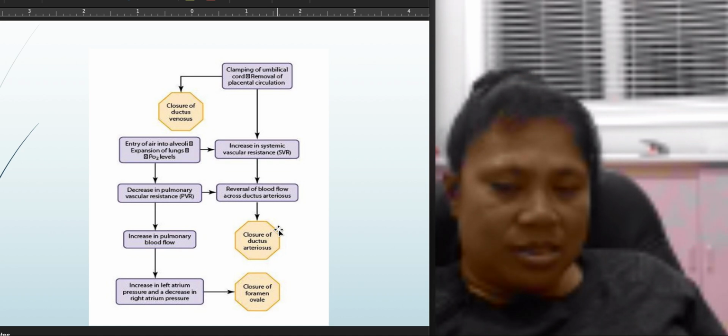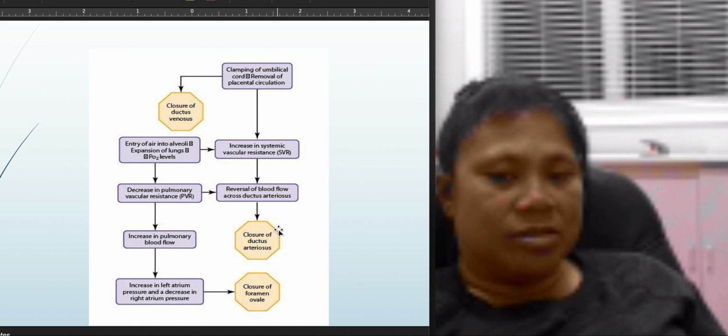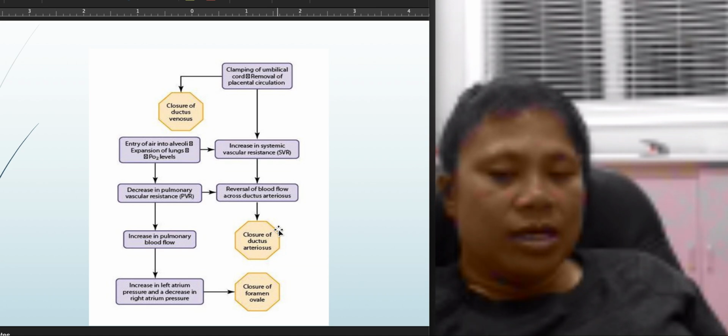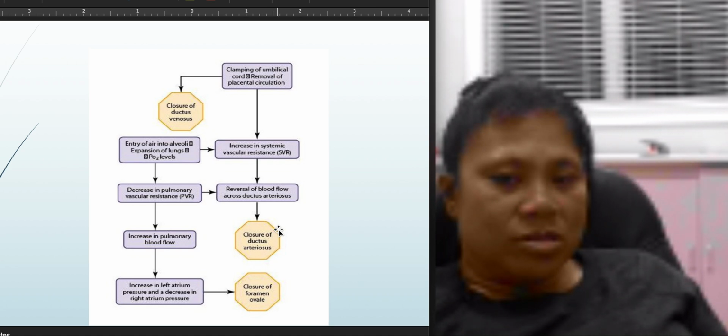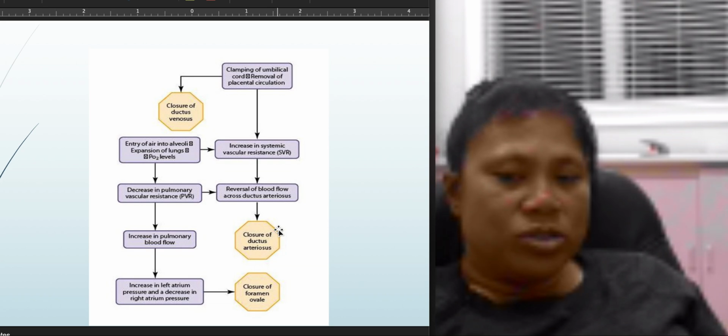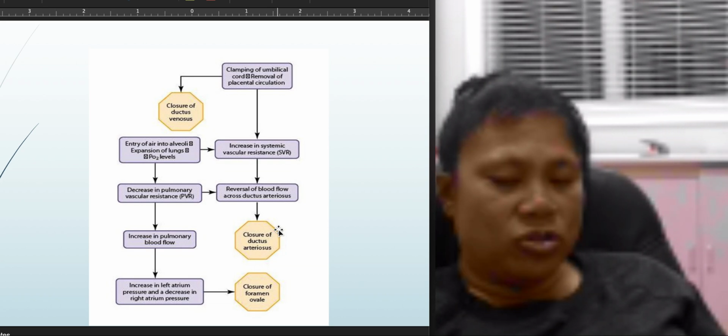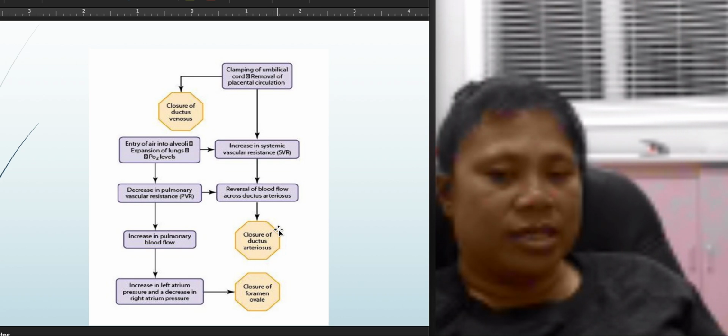I just love this slide. It explains step by step what happens leading up to the closure of these three things. And these things close naturally when they're at term.